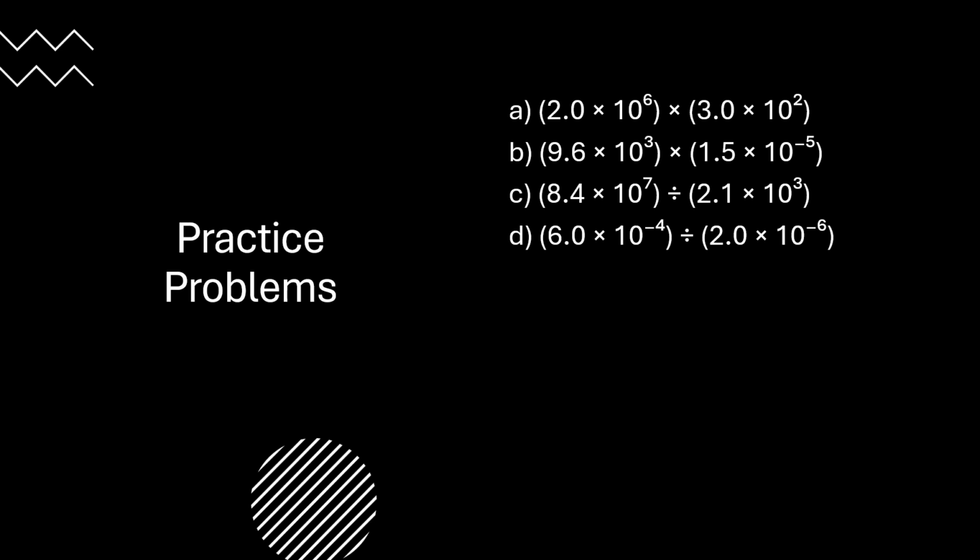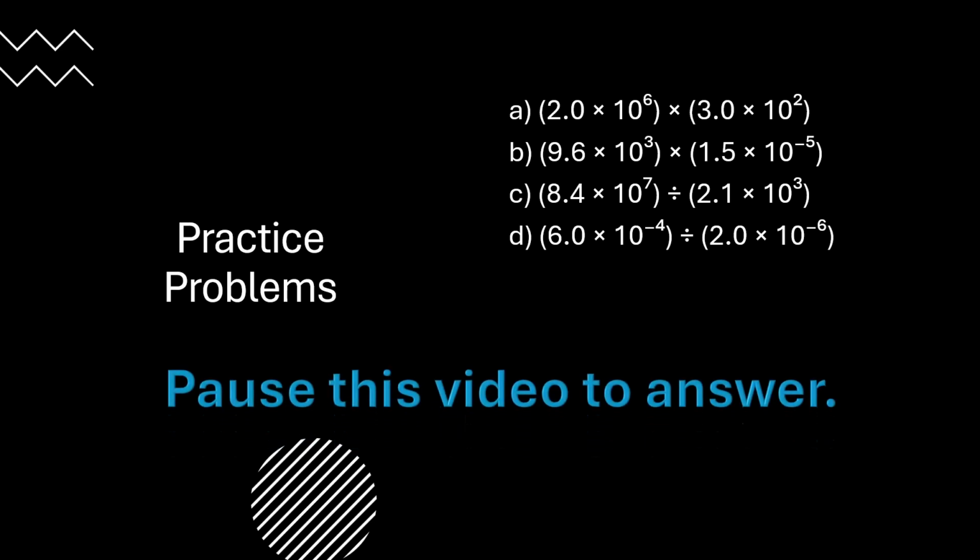For letter C and letter D, you're going to divide the numbers. So 8.4 times 10 to the 7 divided by 2.1 times 10 to the 3. And letter D, 6.0 times 10 to the negative 4 divided by 2.0 times 10 to negative 6. So you have to pause this video to answer the 4 items. And after answering the 4 items, just play the video again to see the final and correct answer.